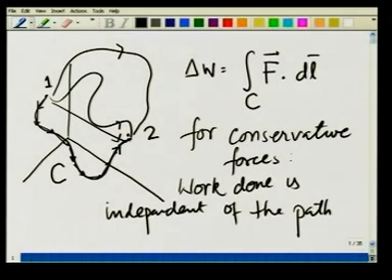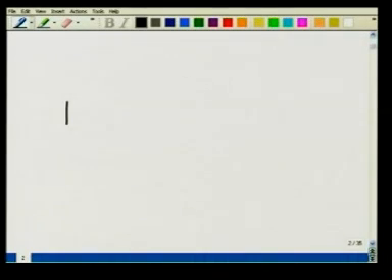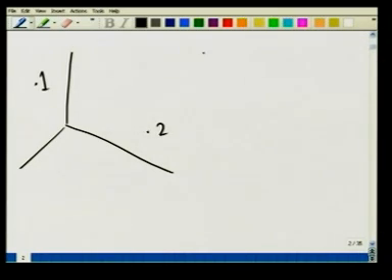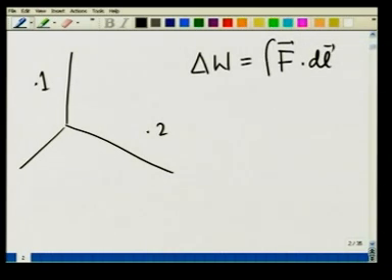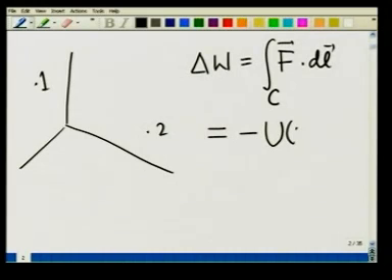Therefore I can safely say that when I am talking about point 1 and point 2, the work done delta W, which is equal to F dot dl along the path C, does not really depend on path C, but only on the endpoints 1 and 2, and therefore I can use this to define potential energy as minus U2 plus U1.